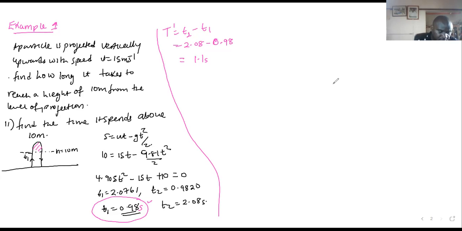Teacher, in physics, are you supposed to show the method when you're working? No, in physics, you can give us the answers. It is in mathematics where we require you to show us the method you're using to solve.